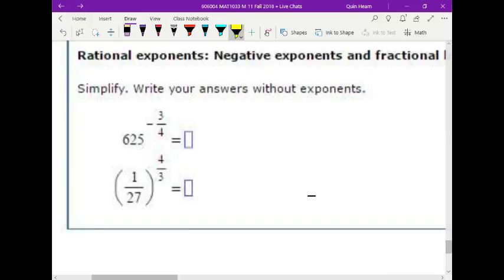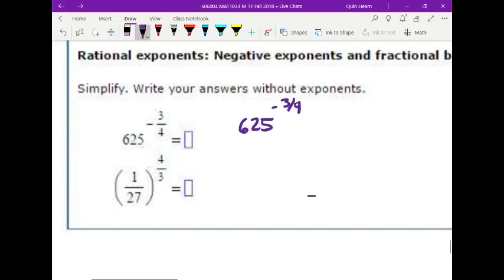All right, so let's use this idea to simplify these expressions. I'm going to start with 625 to the negative 3/4 power. So the first thing I have to give you a heads up about is that you never try to deal with the roots until you've dealt with that negative in the exponent. So just go ahead and rewrite it automatically with a positive exponent, 1 over 625 to the 3/4.